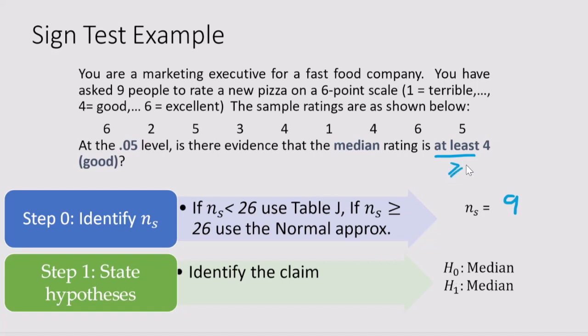So if we have the equal sign over here, as we have discussed in our hypothesis testing videos, this goes to the null hypothesis. So median greater than or equal to 4 would be the null hypothesis, and the alternative hypothesis would be median is less than 4.